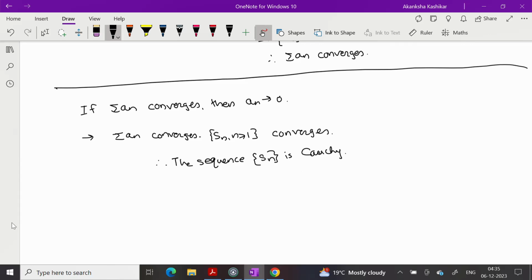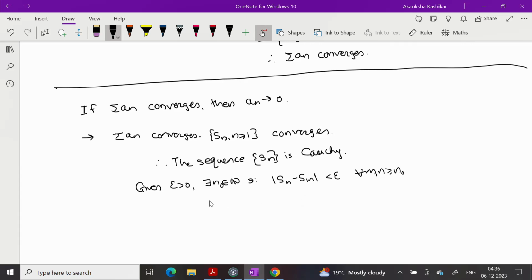What is meant by the sequence being Cauchy? Given epsilon greater than 0, there exists an n naught in N such that mod of Sn minus Sm is less than epsilon for every m, n greater than or equal to n naught.